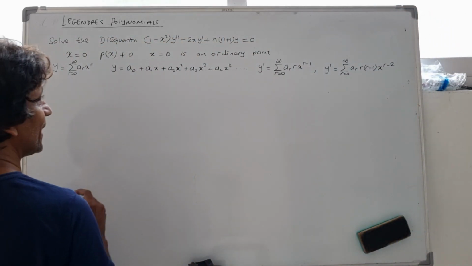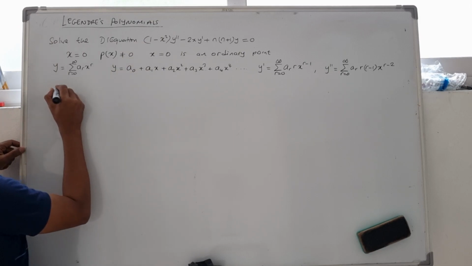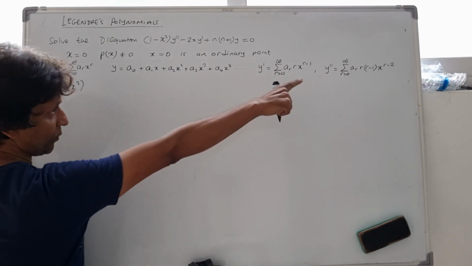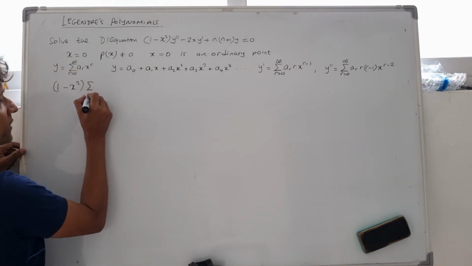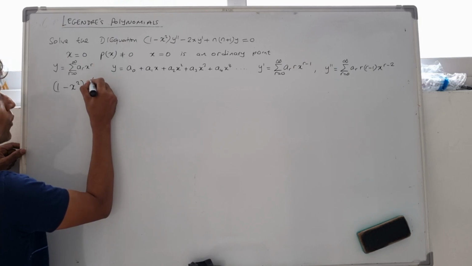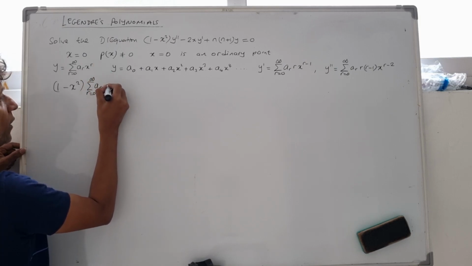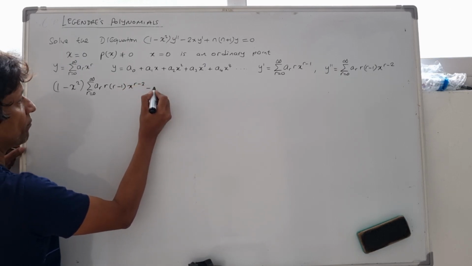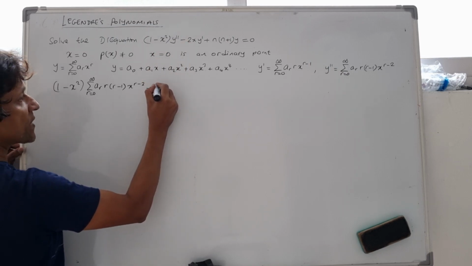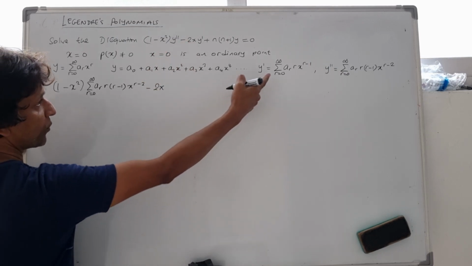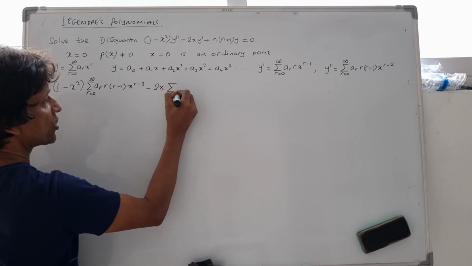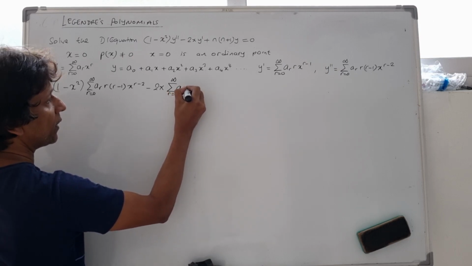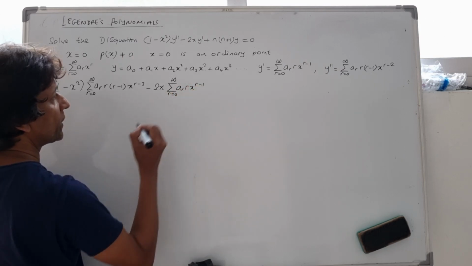So if we do that, (1 minus x squared) times y double prime is the summation from 0 to infinity of a_r r(r minus 1) x^(r minus 2), minus 2x times y prime, and y prime is the summation again from 0 to infinity of a_r r x^(r minus 1).